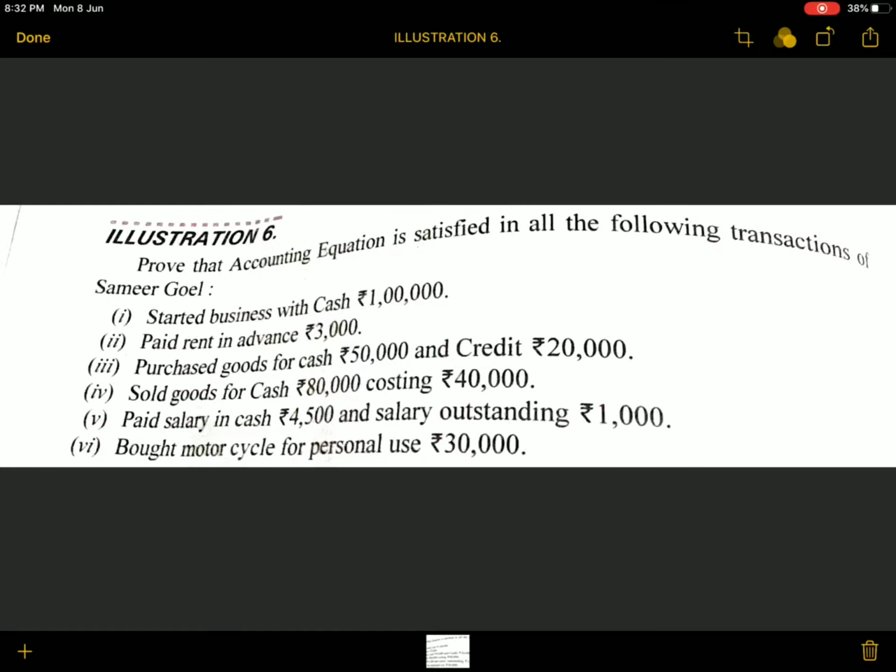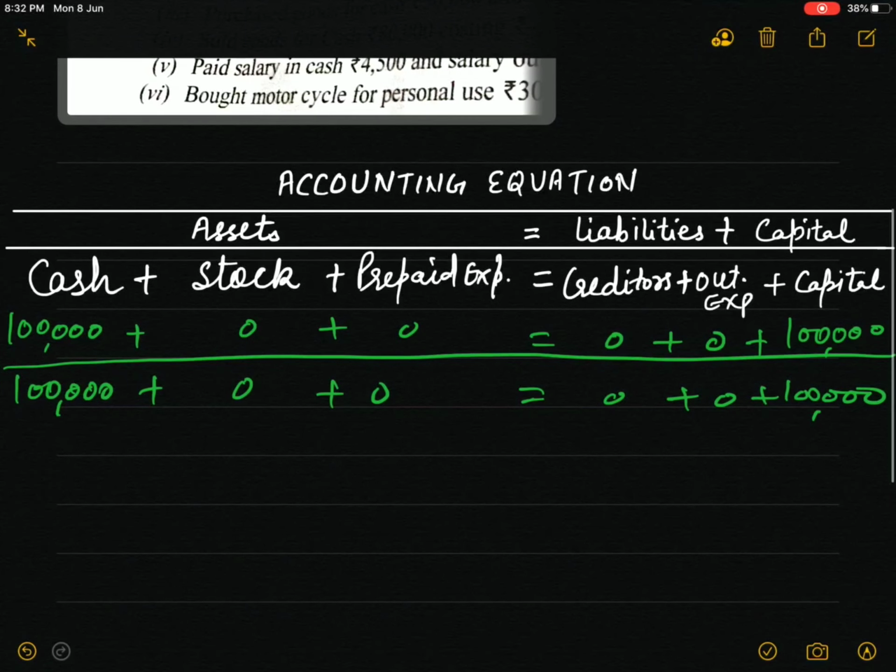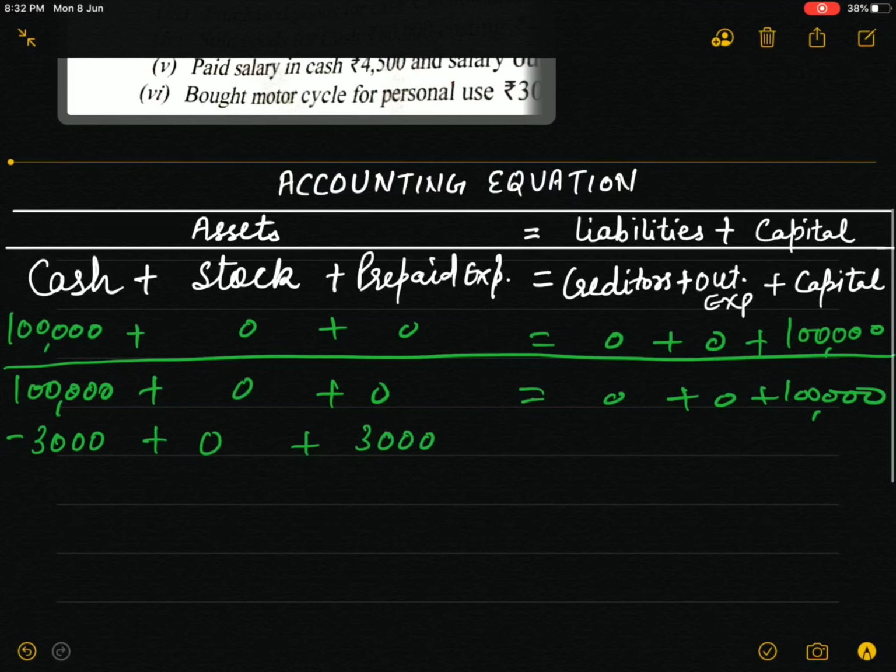The next transaction is paid rent in advance. Rent in advance means it is a prepaid rent, 3000 rupees. Prepaid expense is an asset, so it comes under the asset side, and we paid rent, minus cash 3000. No effect on stock, but prepaid expense 3000.